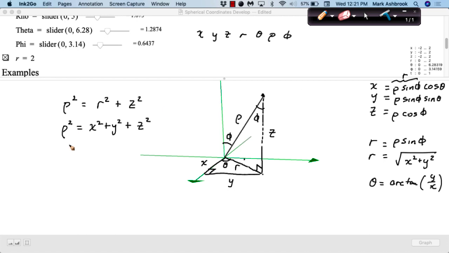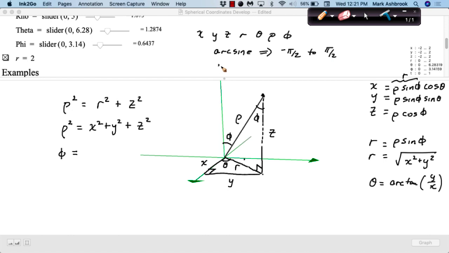Okay, so what about phi? I'm going to write phi in terms of other things, so it's going to be an inverse trig function. Let's think about what makes sense. Arc sine, its range is negative pi over 2 to pi over 2.